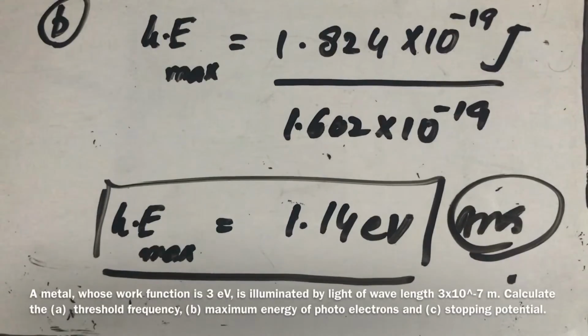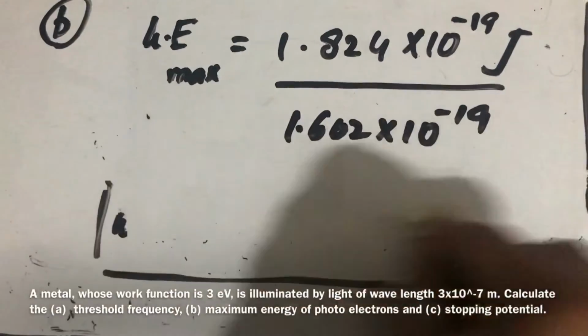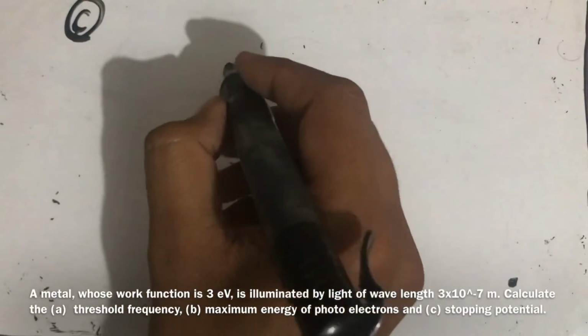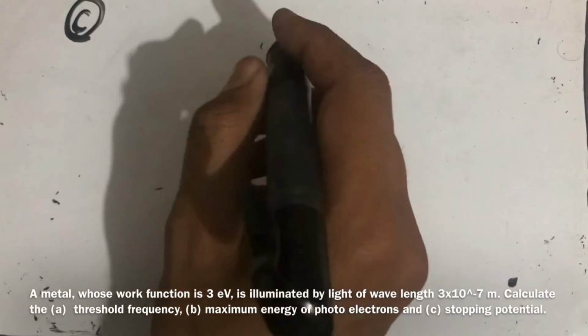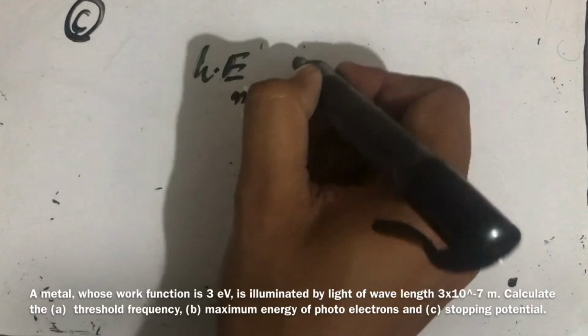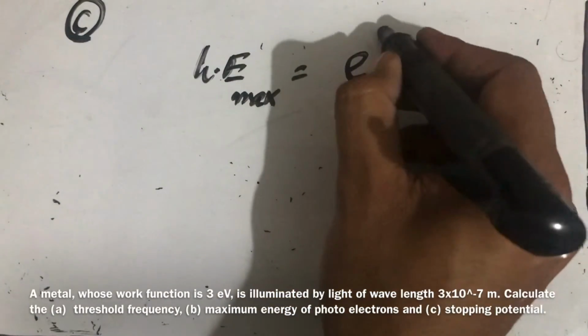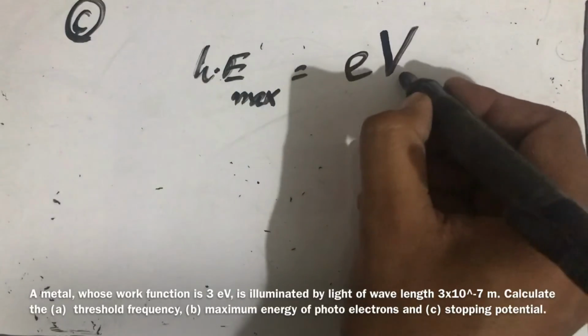Now we have to find part C, the stopping potential. We know that the maximum kinetic energy is equal to the electron charge multiplied by the stopping potential, V naught.